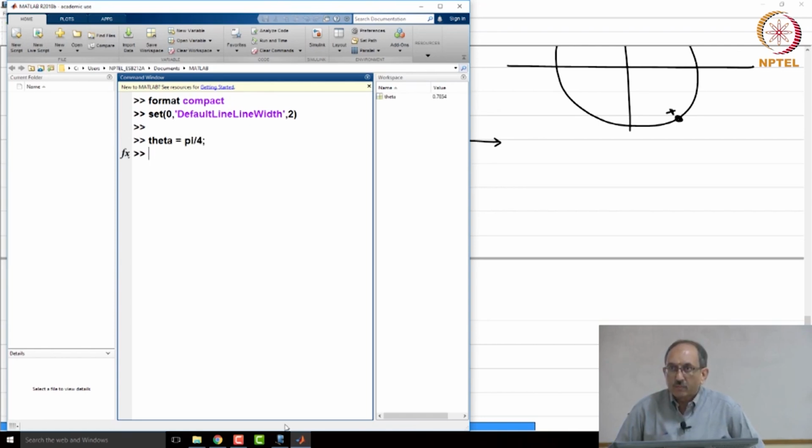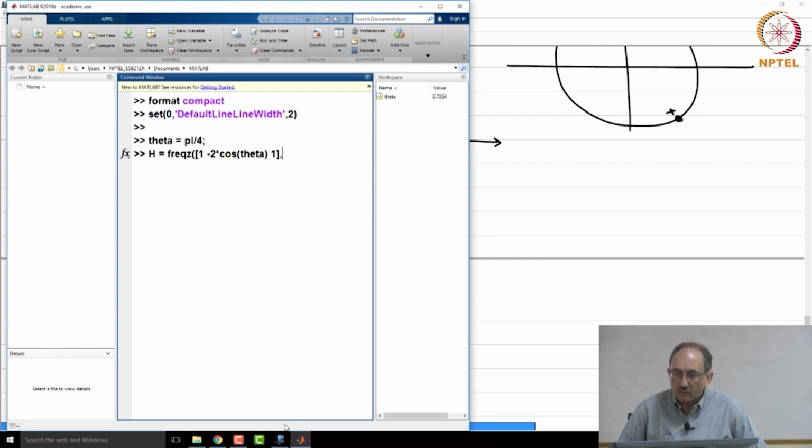So now let us plot the simple notch filter's frequency response. You need only the numerator polynomial. So this is 1 minus 2 cos theta z to the minus 1 plus r squared z to the minus 2, where r is 1.